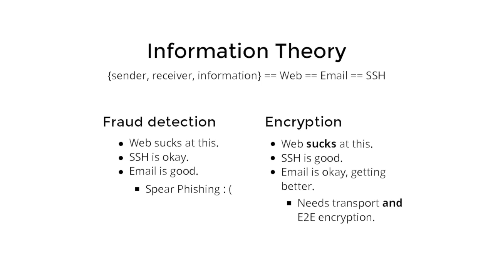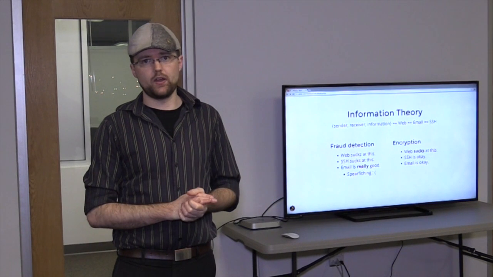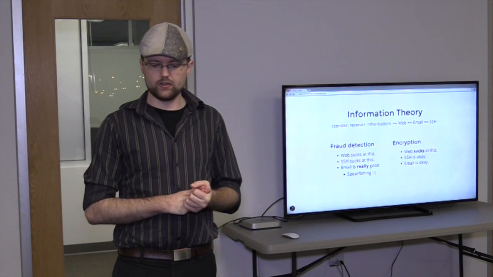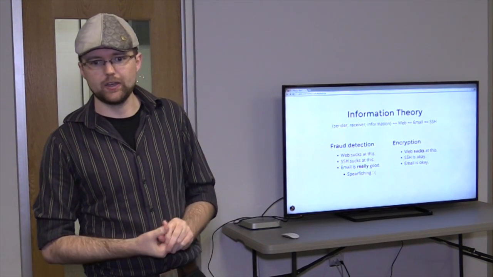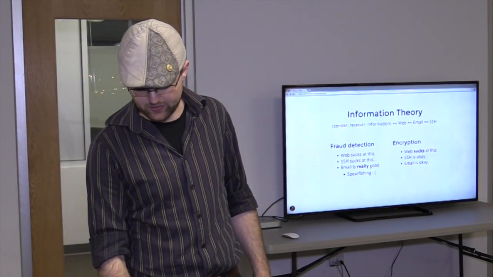If you break things down into fraud detection and encryption, we can start seeing which ones work and which don't. The web sucks at both of these things. SSL is pretty good at encryption, but fraud detection is not so great. Email is really good at fraud detection, but not so great at encryption. Snowden has pushed us a bit further in that regard.